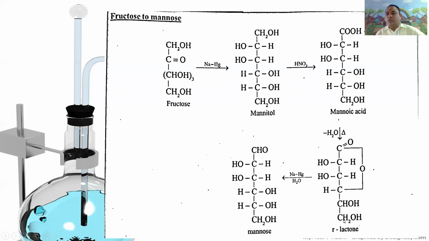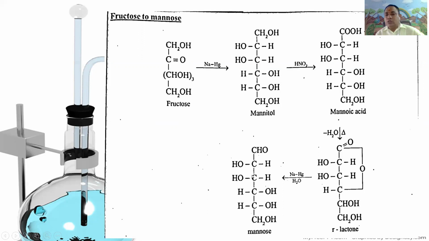Then CHOH, CH2OH. This gamma lactone undergoes reduction with sodium amalgam or zinc and acetic acid to give D-mannose. The D-mannose structure is CHO, CO HH, CO HH, CHOH, CHOH, CH2OH.